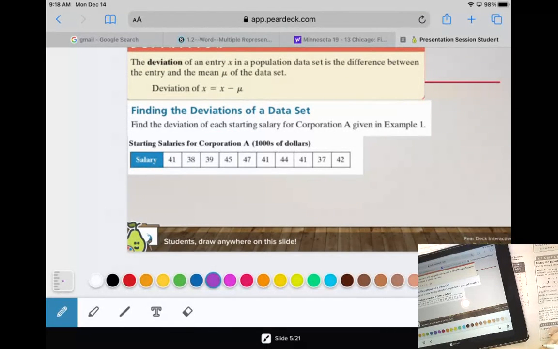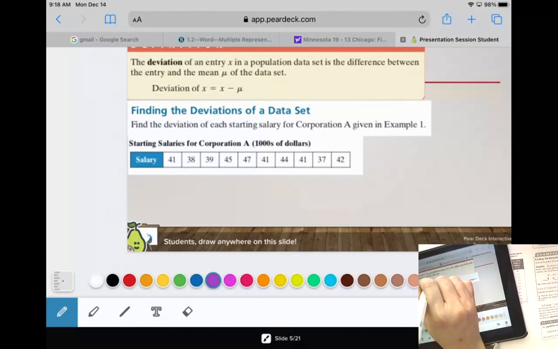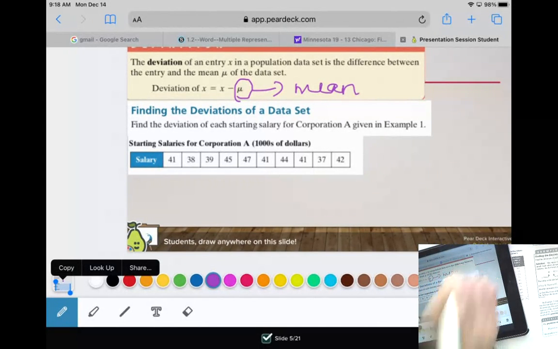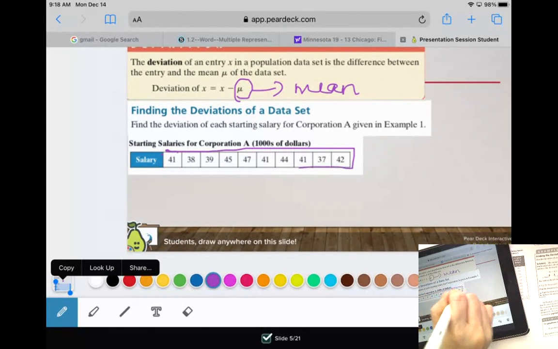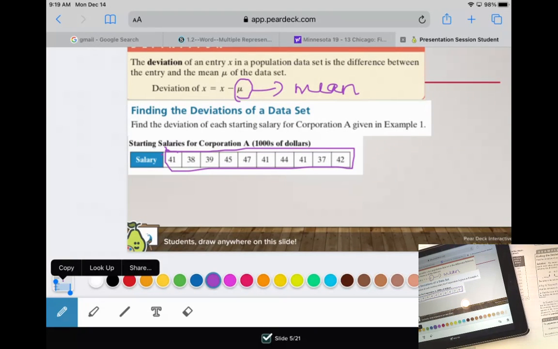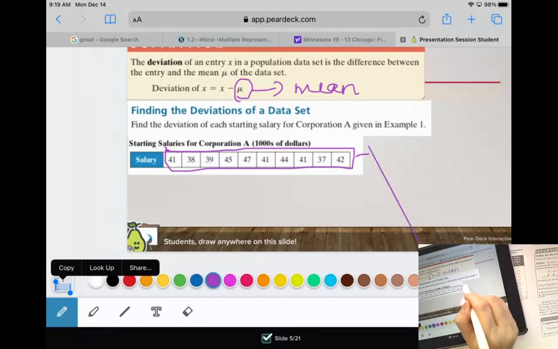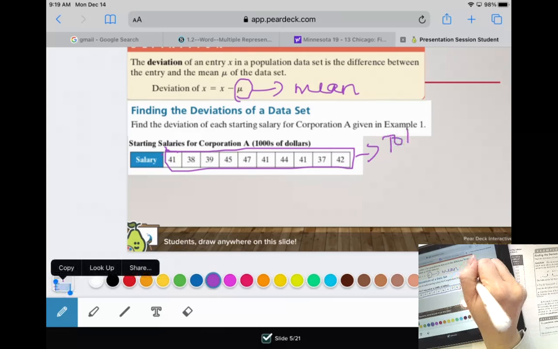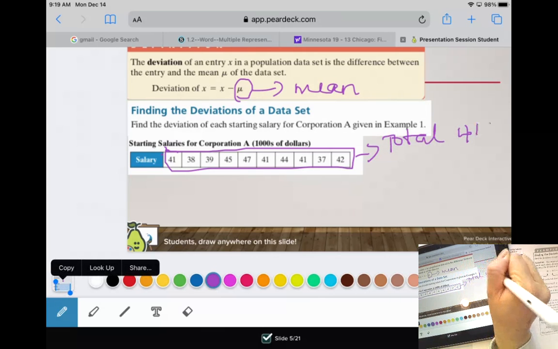So for the deviation, the first step you need to do is find the mean, which is the average. So step number one, to find the mean, we add all of these values from the data. I'm taking 41, 38, 39, 45, and adding all of them together. The total that I got for this one is 415.